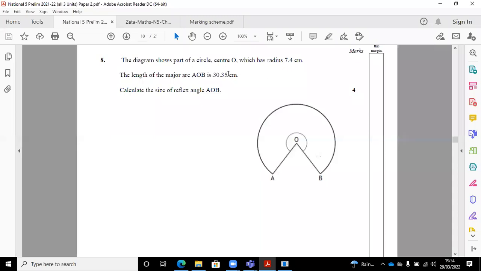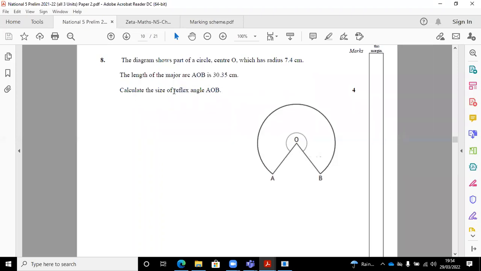The length of the major arc, so the big bit of the arc. If it gave you the minor arc, it would be the small bit. Length of the major arc shown, AOB, is 30.35 centimetres, so that length from A to B. Calculate the size of the reflex angle.